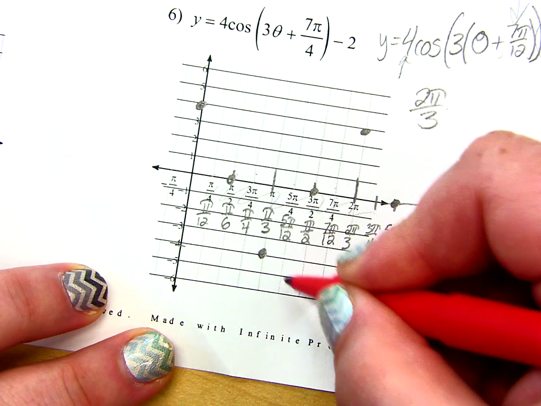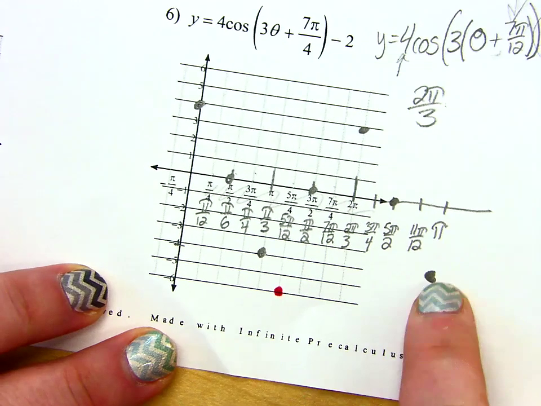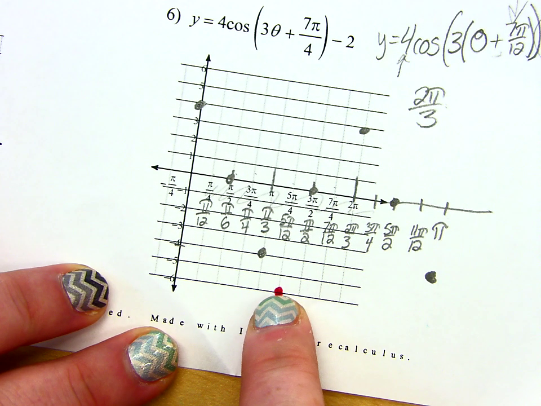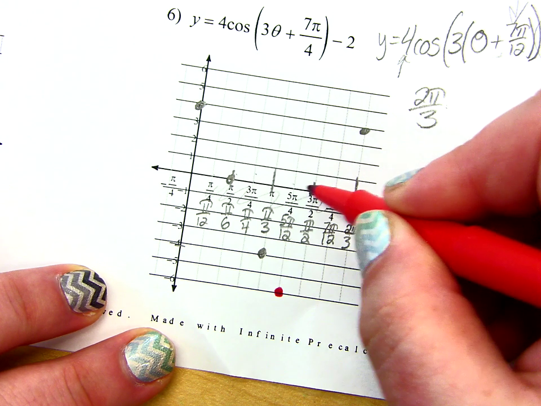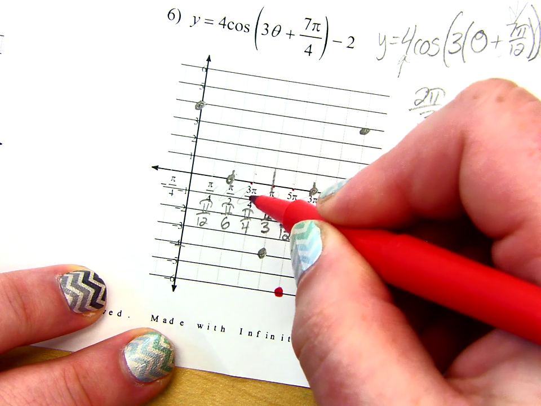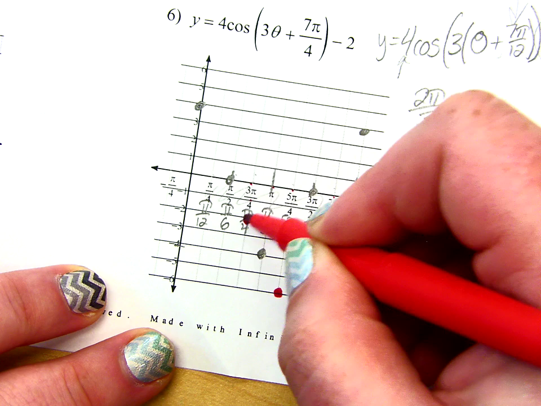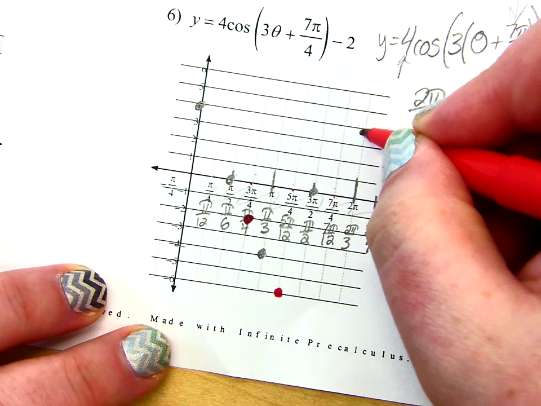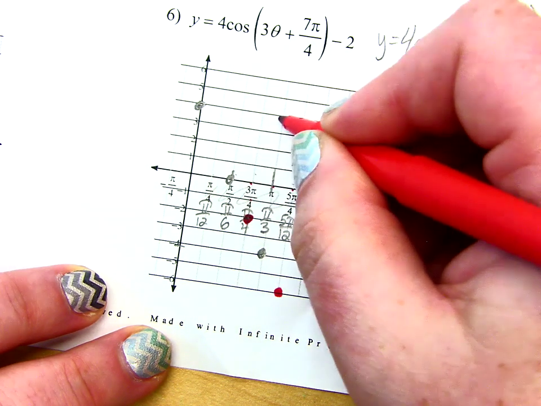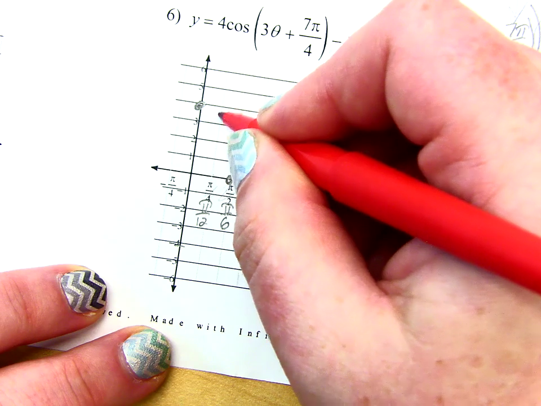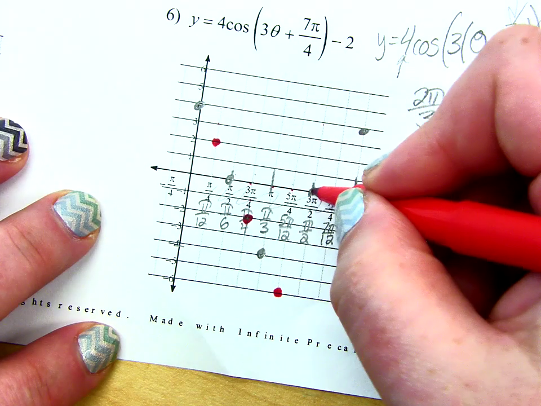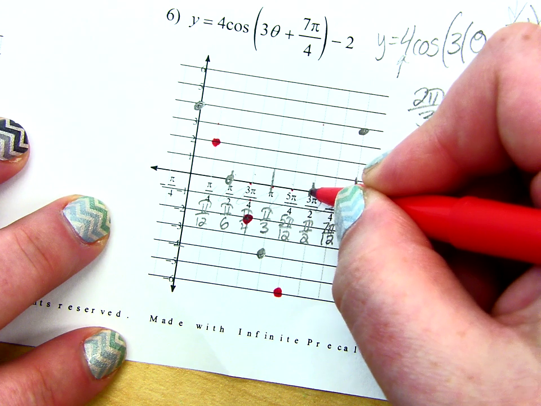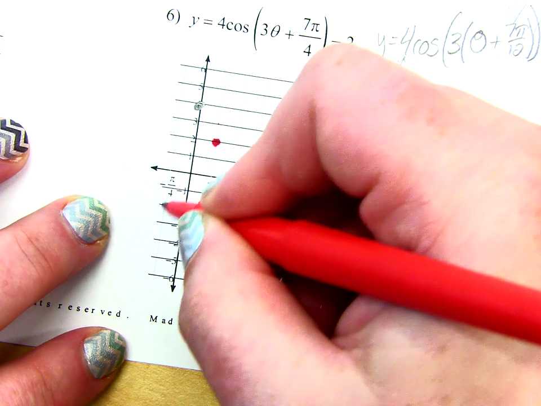And then down 2. So this point that was there is now there. This one, over 7, down 1, 2. This one, over 7, down 1, 2. Over 7, down 1, 2.